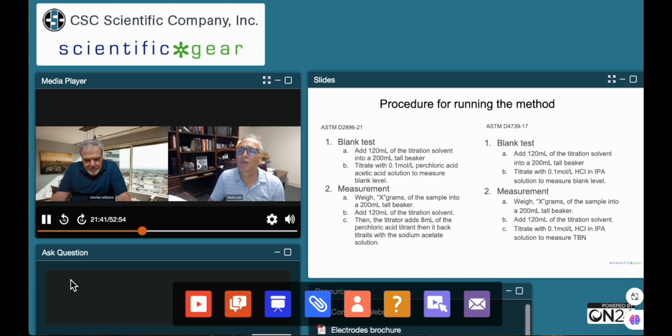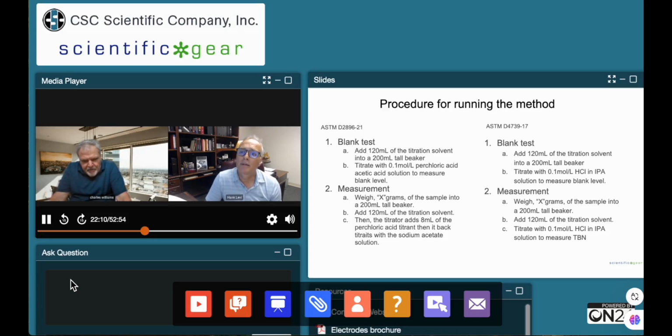All right, procedure for running the method, side by side again, 2896 and 4739. We're going to run a blank test for both, right? And we're going to run a measurement, right? So, Charlie, I know we took some things from the methods, and I don't know if these amounts are particular to a specific method, but for the blank on the 2896, we're running 120 milliliters, is that right, of solvent?